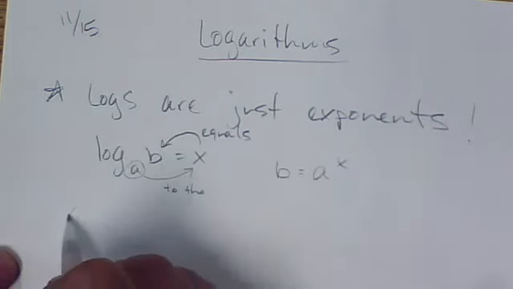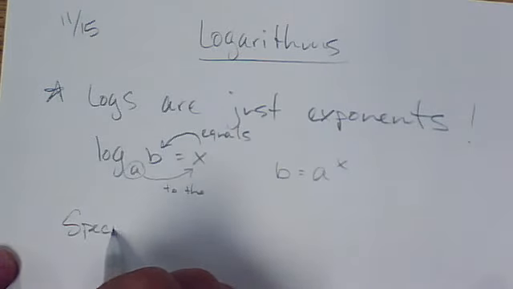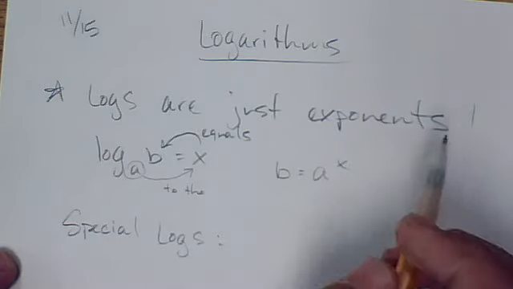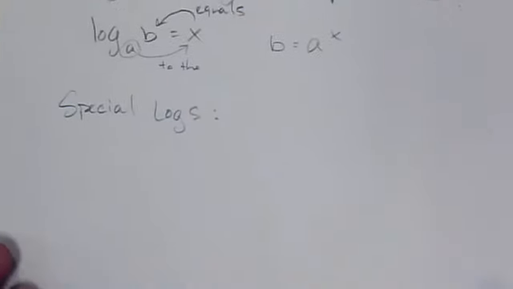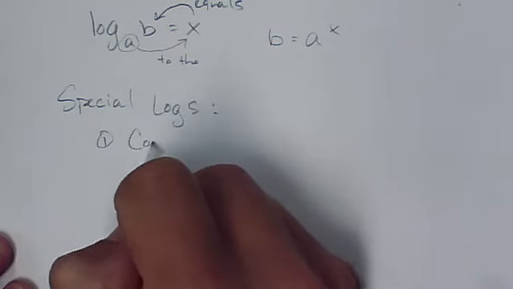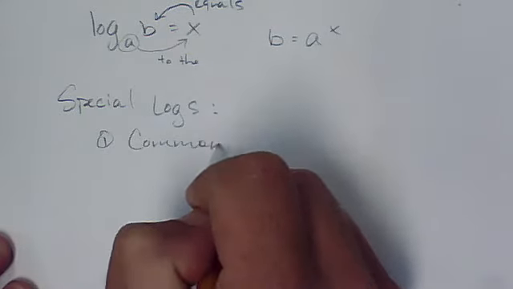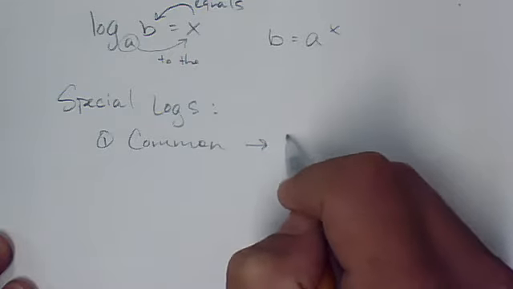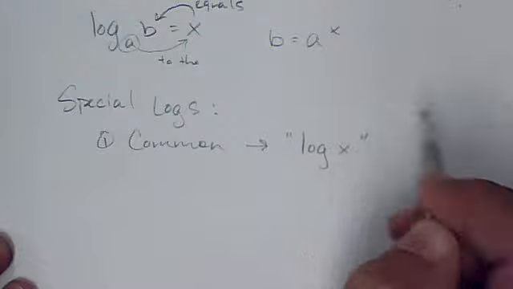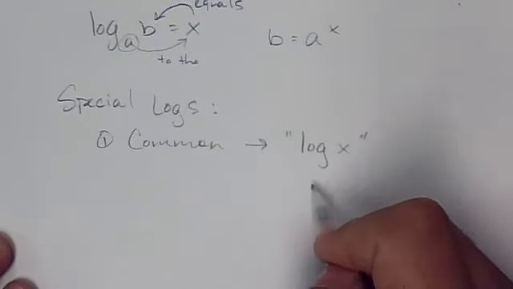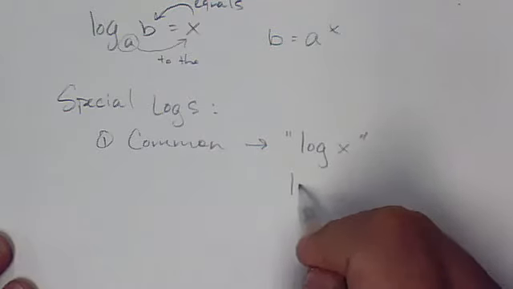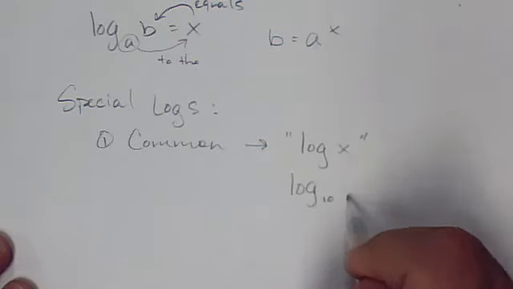There are some special logs that I need to remind you of. The first one is the common log, which is just log with no base. What that means is you've got a log with a base of 10.